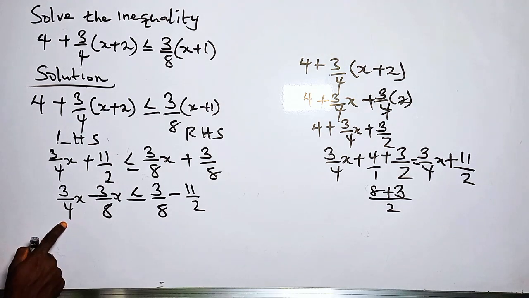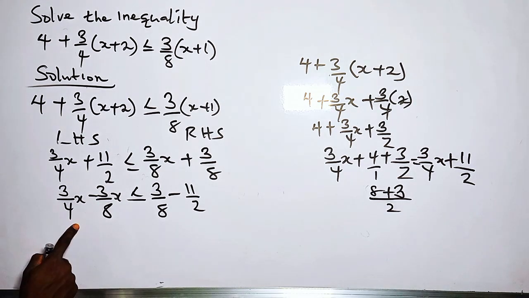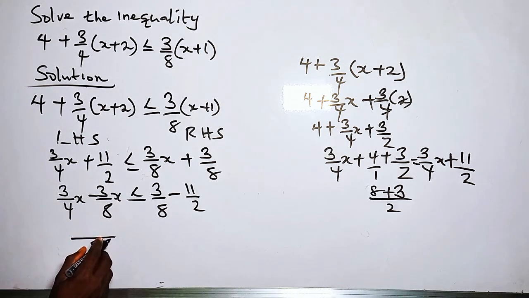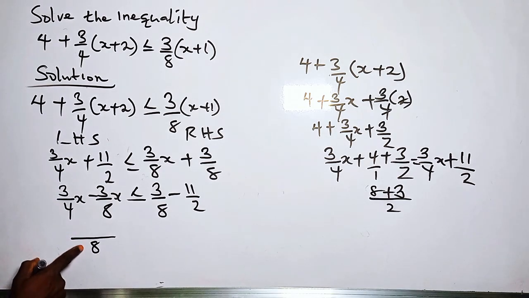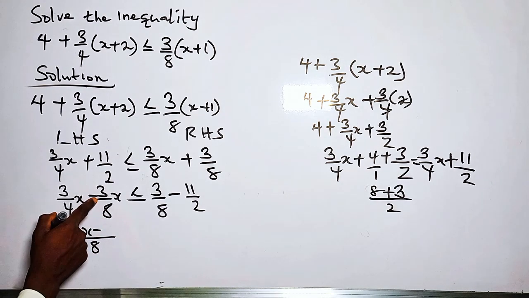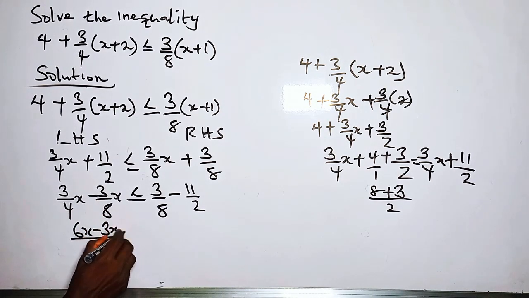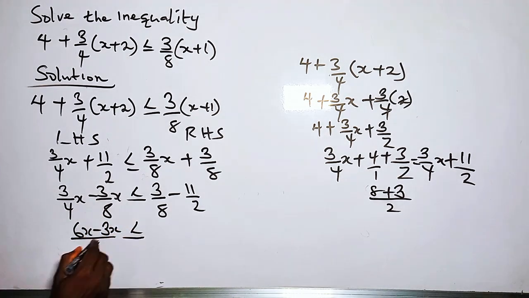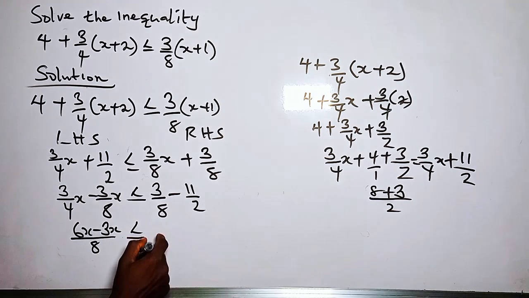We can use the LCM method to resolve this side. So this is 8. For 4 units is 2, for 2 times 3x is 6x, minus, when we divide this we have 1, multiply by this, we have minus 3x.